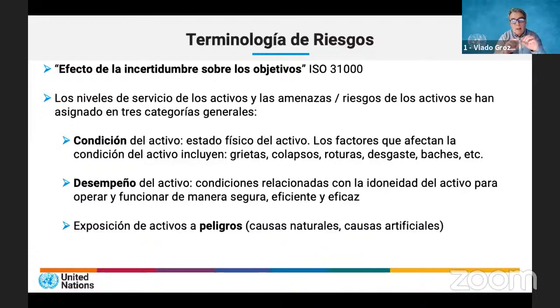Then we have to ask what the consequences are if our asset fails. Is it going to have an impact on public health and safety? Are we going to have a decreased level of service?